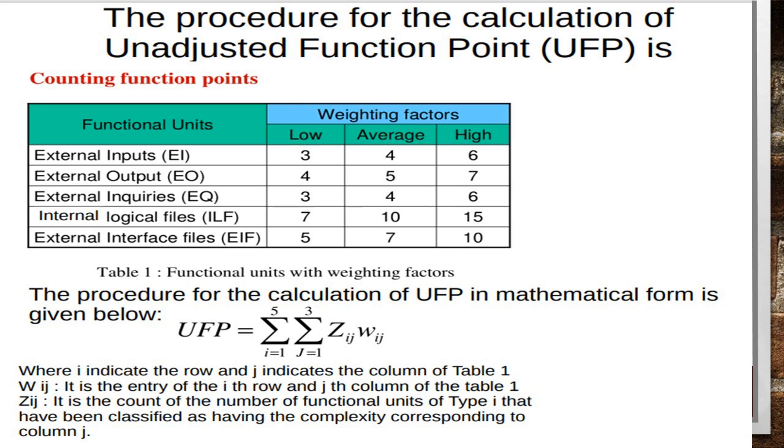As per the principle of Albrecht's function point analysis, the system is decomposed into 5 functional units. These 5 functional units are given as external inputs EI, external outputs EO, external enquiries EQ, internal logic files ILF, and external interface files EIF.